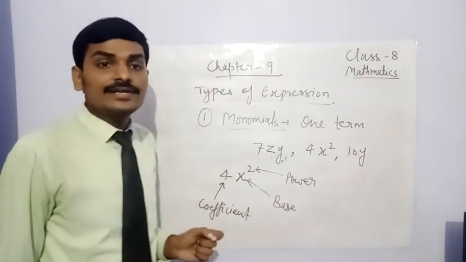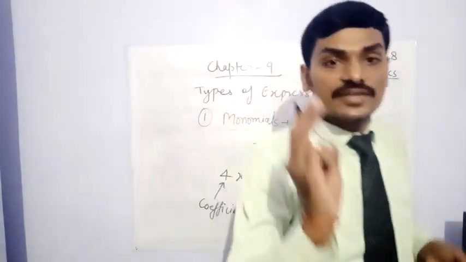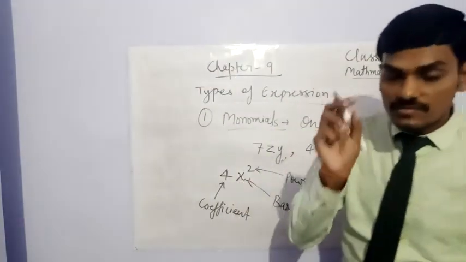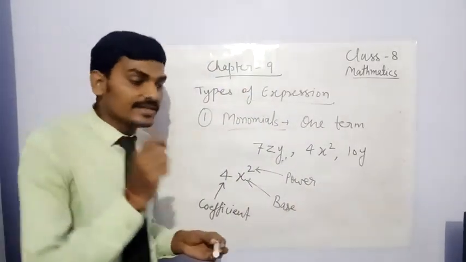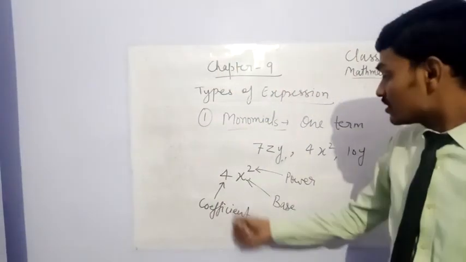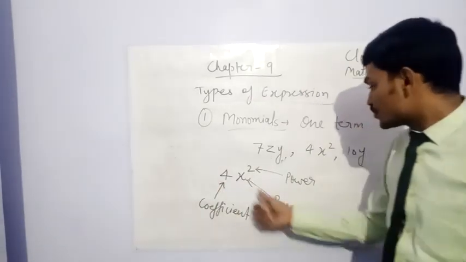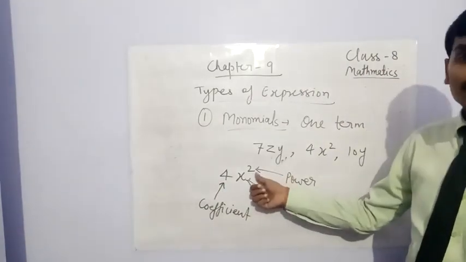So in any term there are basically three parts: one is coefficient, another is base, and last one is power.